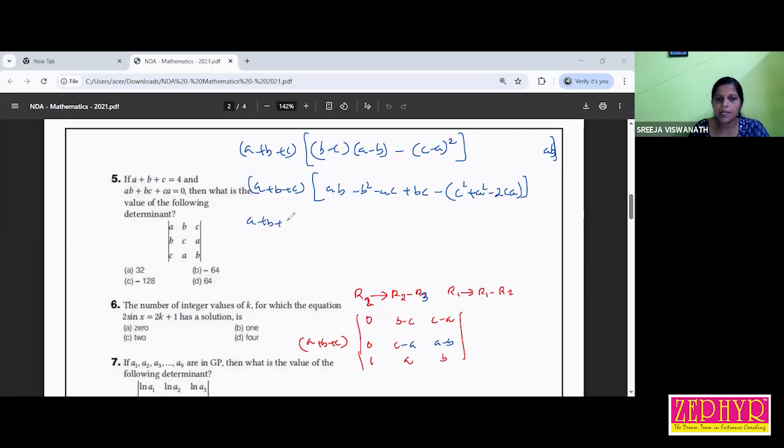That is A plus B plus C into AB minus AC plus BC minus B square minus C square minus A square plus 2AC.